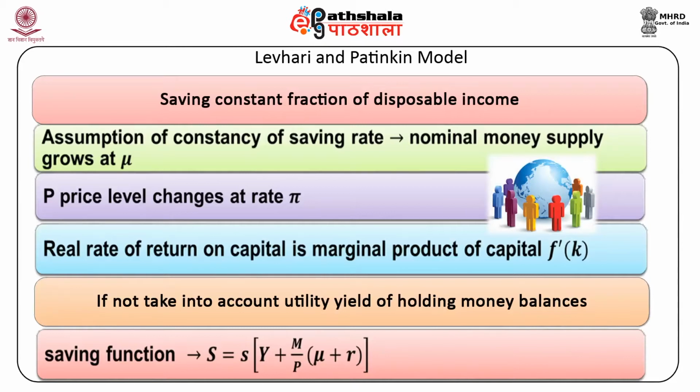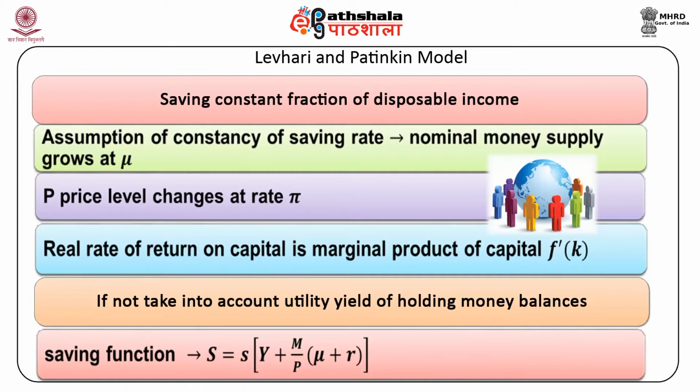The assumption of constancy of saving rate can be related with nominal money supply, which grows at the rate mu, and P is the price level which changes at the rate pi. The real rate of return on capital r is the marginal product of capital, that is f'(k).